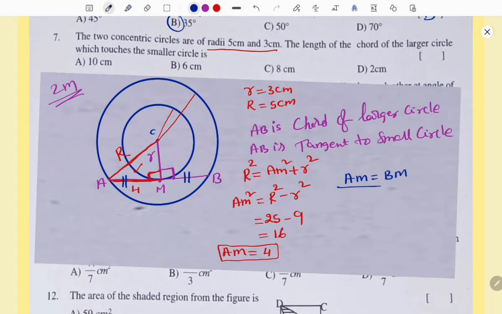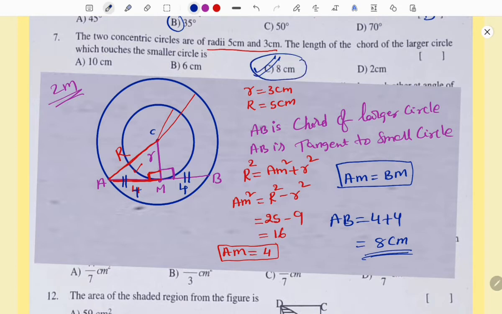Both are same. So BM is also 4. Now what about AB? Therefore AB is equal to 4 plus 4, that is equal to 8 centimeters. So the length of the chord is equal to 8 centimeters. Option C is the right answer.